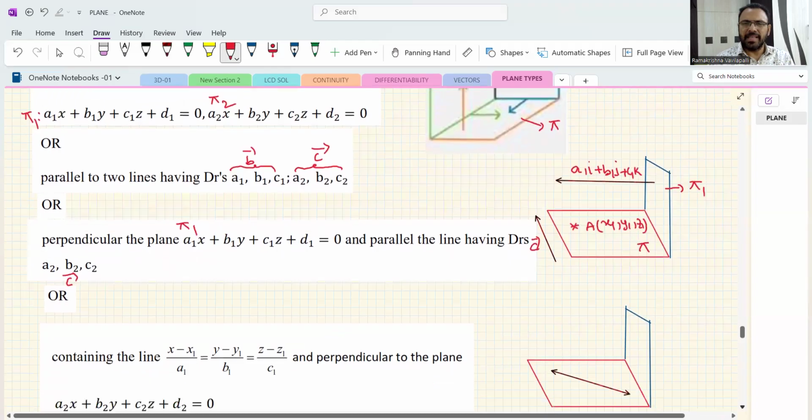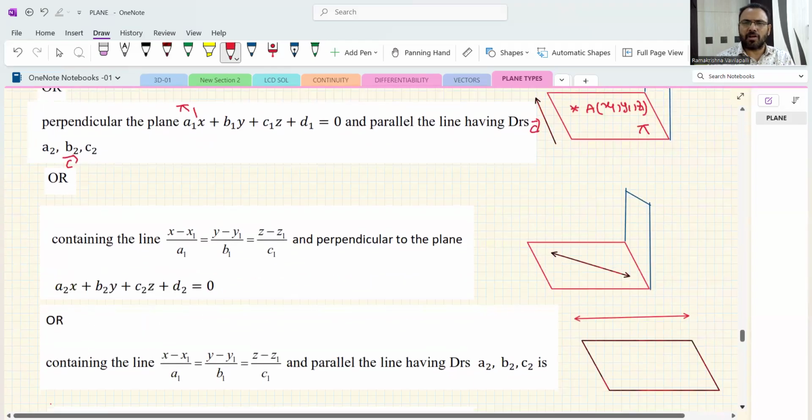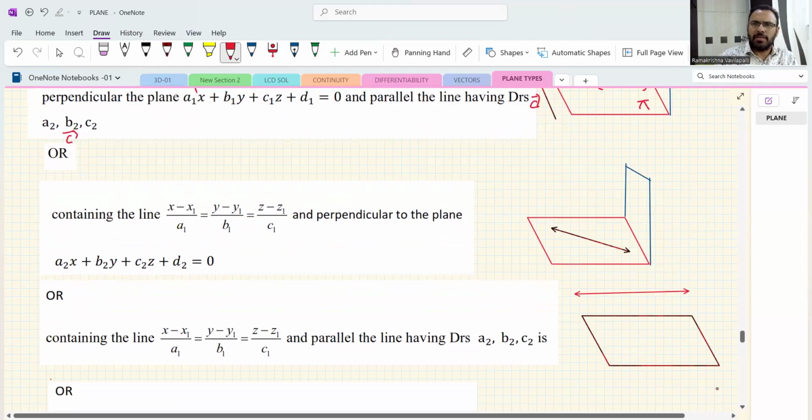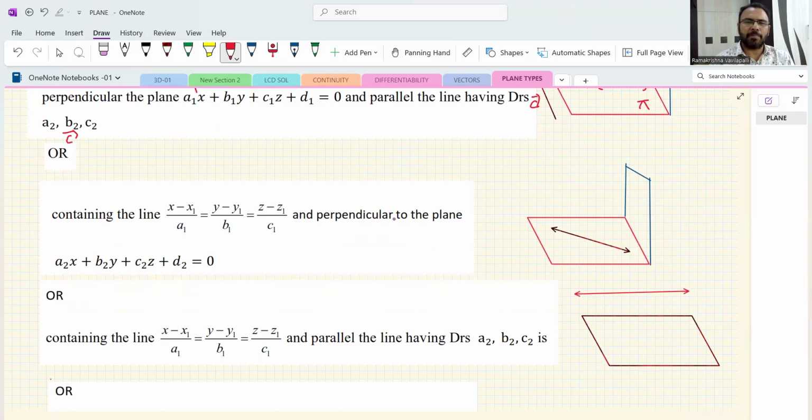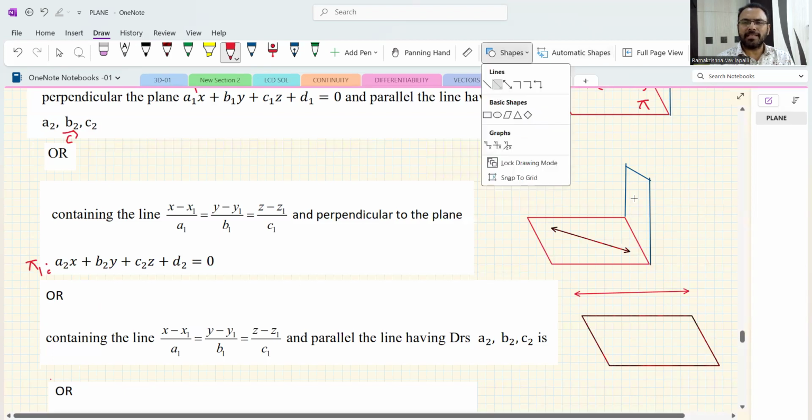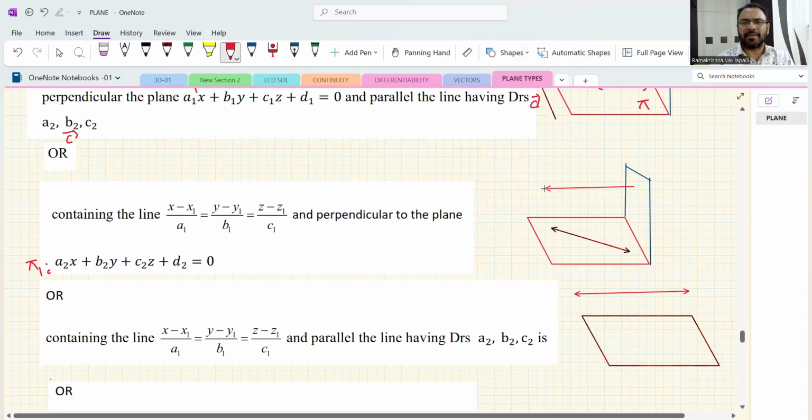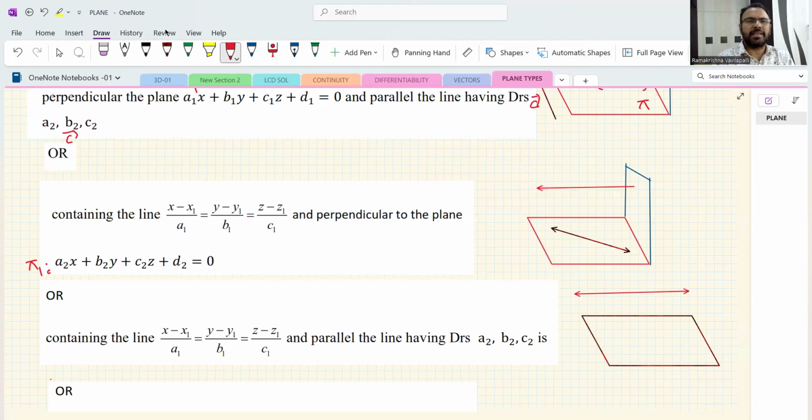Or there are several combinations. For all these combinations, there is only one formula. Containing a line L and perpendicular to a plane. This is plane 1, perpendicular to plane 1. Perpendicular to plane 1 is nothing but that the plane is parallel to the normal of this plane. Isn't it? The normal of this plane is A2 i plus B2 j plus C2 k.